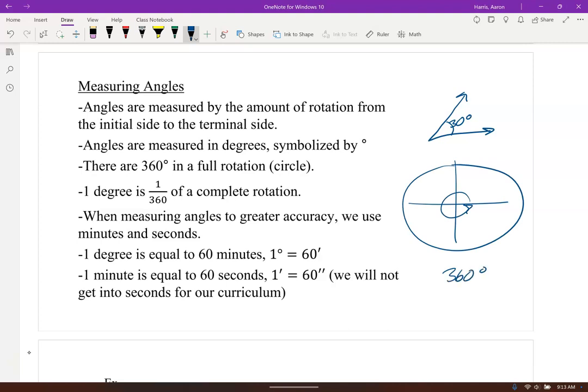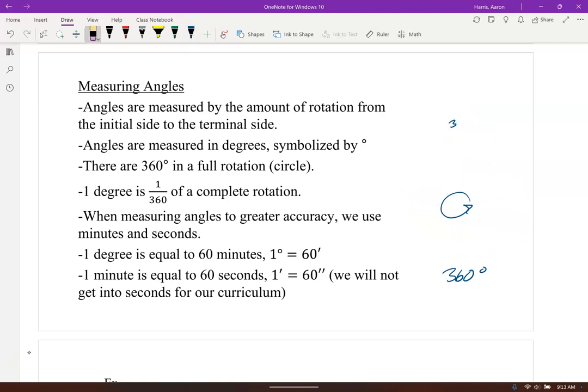So 30 degrees would just be a little bit of that, a 1/12 of that. So 1 degree would be 1/360th of that. I can't draw that very well, obviously, but 1/360th of a rotation would be 1 degree.